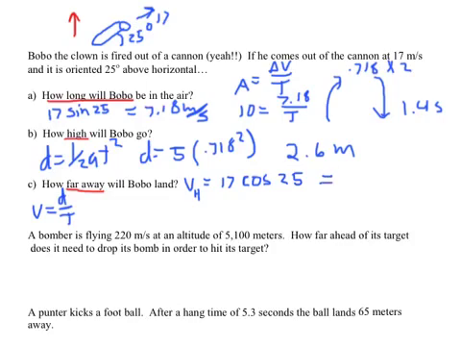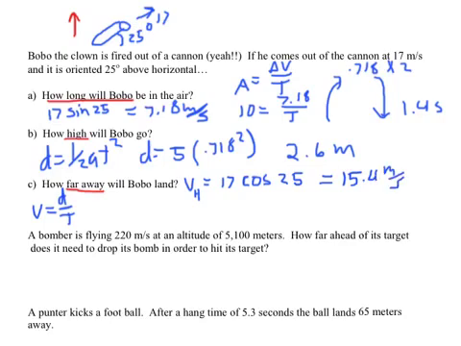So 17 times the cosine of 25 degrees. Let's see, where is that information? Oh yeah, that's 15.4 meters per second.